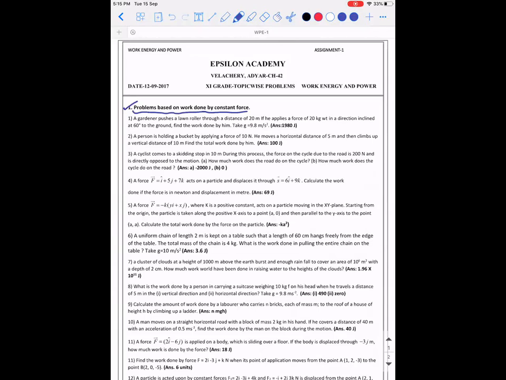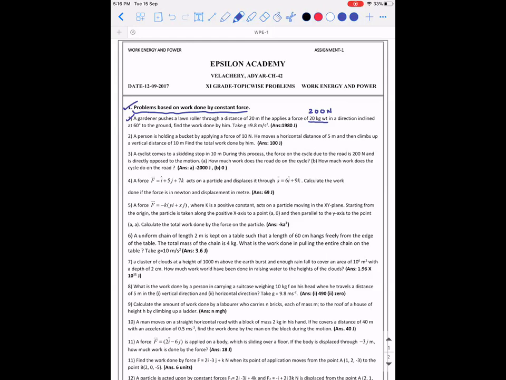The first one: a gardener pushes a lawn roller through a distance of 20 meter. If he applies a force of 20 kilogram weight, so 20 kilogram weight is how many Newton? I've already told this in the previous chapter. 1 kilogram weight is 9.8 or 10 Newton.